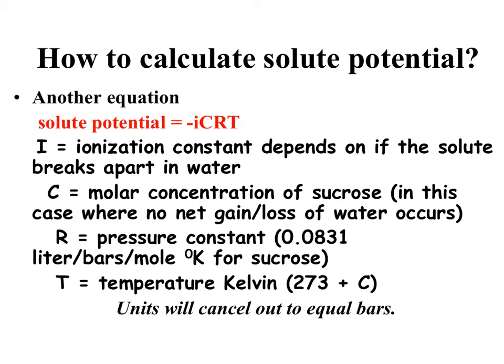So let's talk about what all of these things mean. That I stands for the ionization constant. And your ionization constant is going to depend on if your solute dissociates, or breaks apart in water. So most often it has a value of either 1 or 2. We use the value of 1 if it's something that does not break apart, like sucrose.